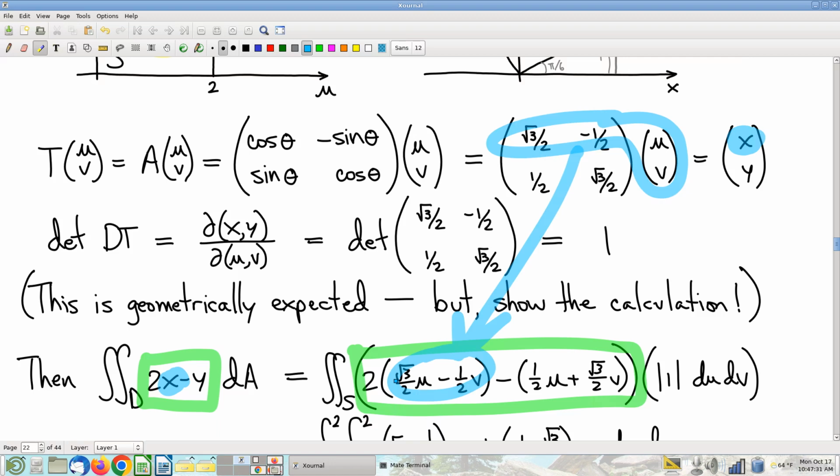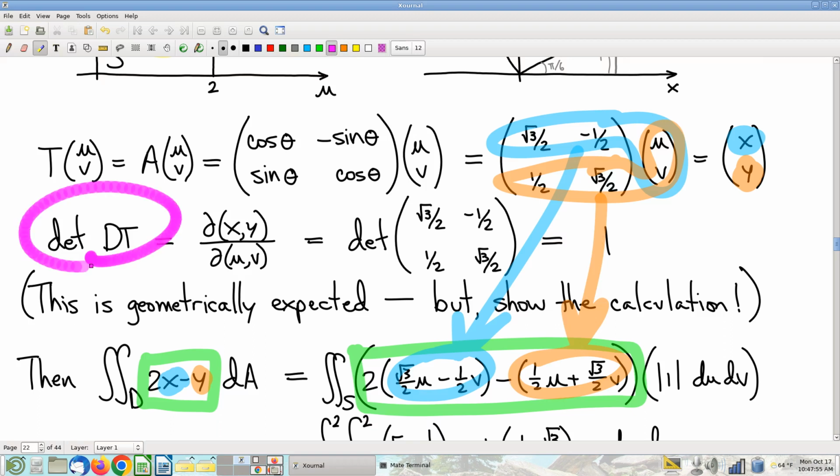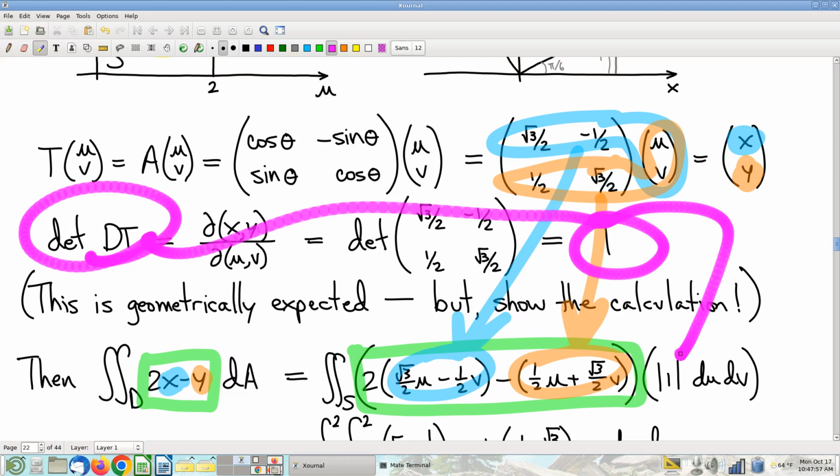X is the first coordinate of the output from our change of variables function. And then likewise, what is y? Well, y is the second coordinate of our change of variables function. So that's just plugging in. In some sense, not much happened there. Don't forget, though, to plug in your stretching factor. Our stretching factor, we've already computed. It's 1. It's the absolute value of 1.